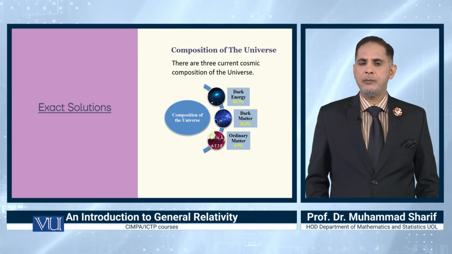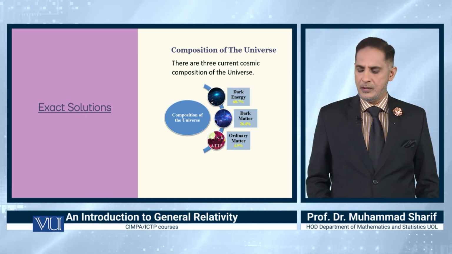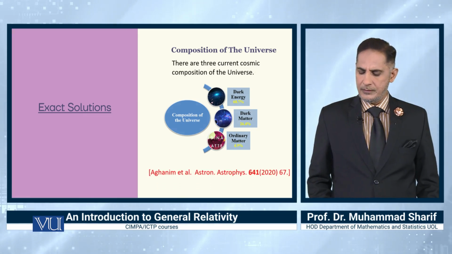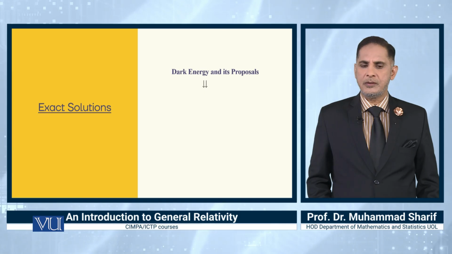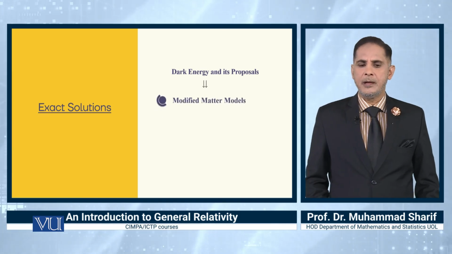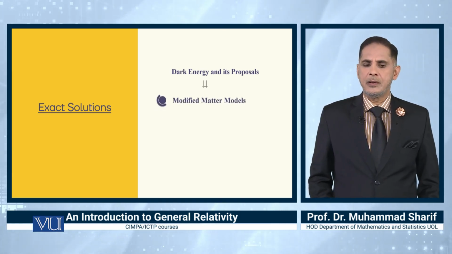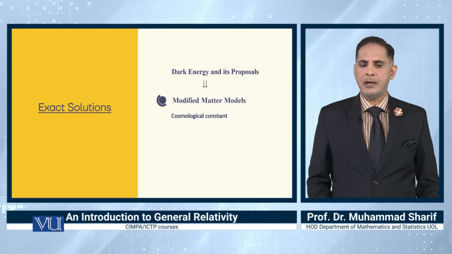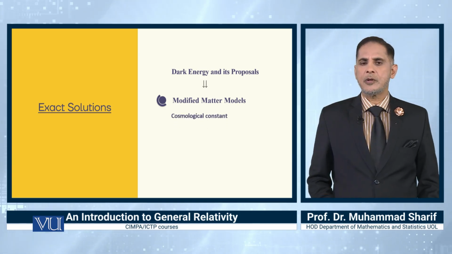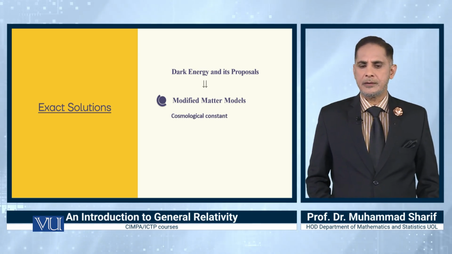However, we don't have much information about this object. Now, there are some proposals to discuss dark energy. Number one, we can discuss dark energy through modified matter models like the cosmological constant. The cosmological constant is the strong candidate to discuss dark energy.